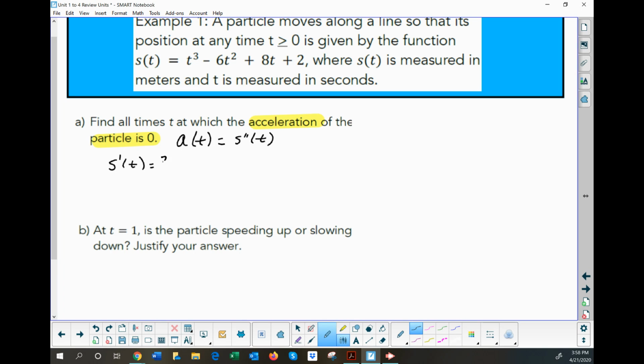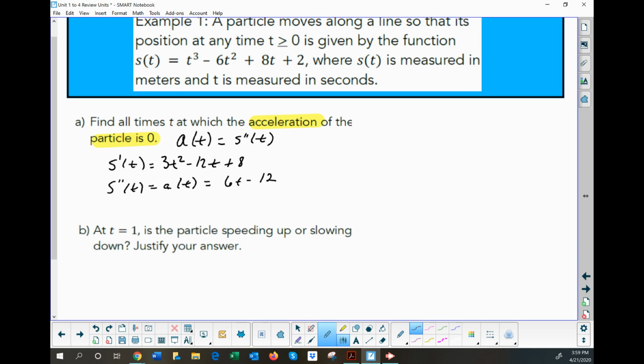So s prime would be 3t squared minus 12t plus 8. One more derivative so we can get to our acceleration. And that would look like 6t minus 12.